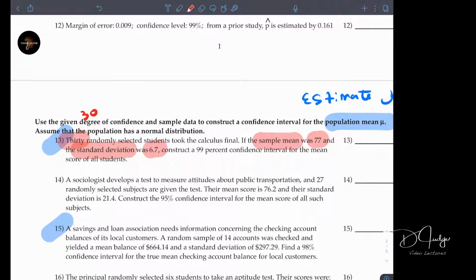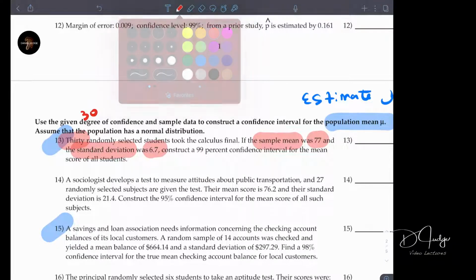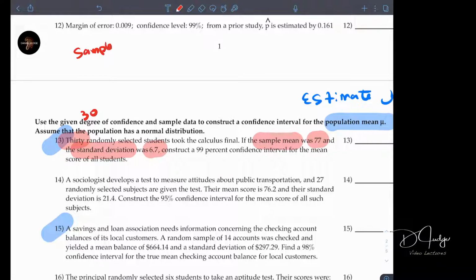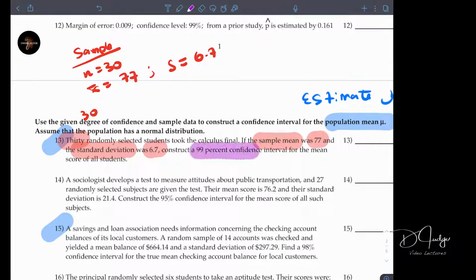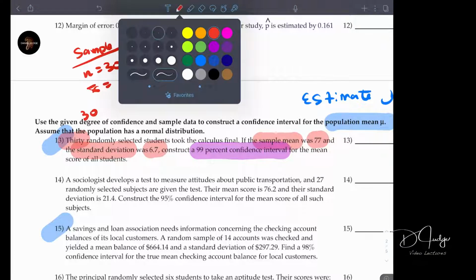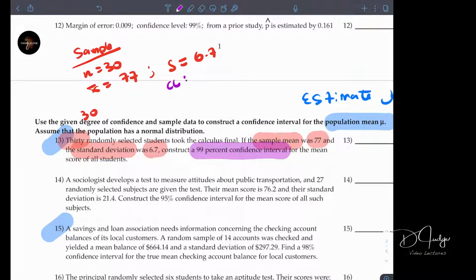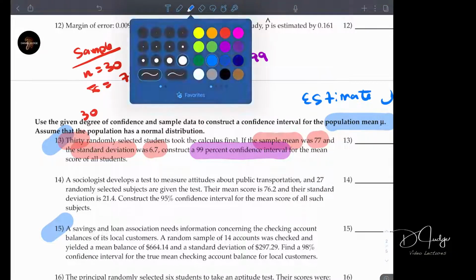So here's our sample information: sample size is 30, sample mean is 77, and the sample standard deviation is 6.7. They want the 99% confidence level. I know they say confidence interval, same thing. It's for the mean for all students. Estimate mu.